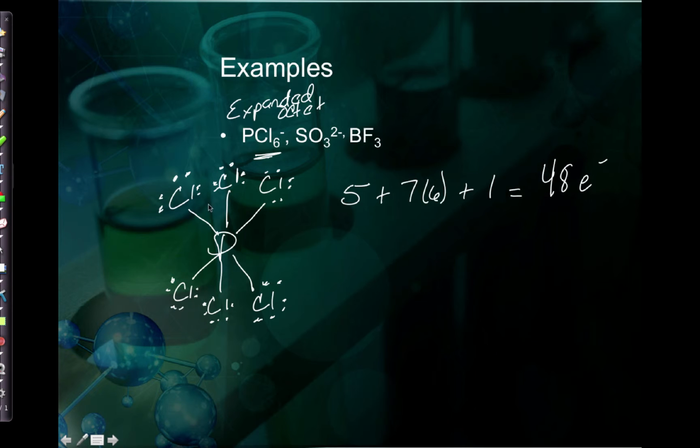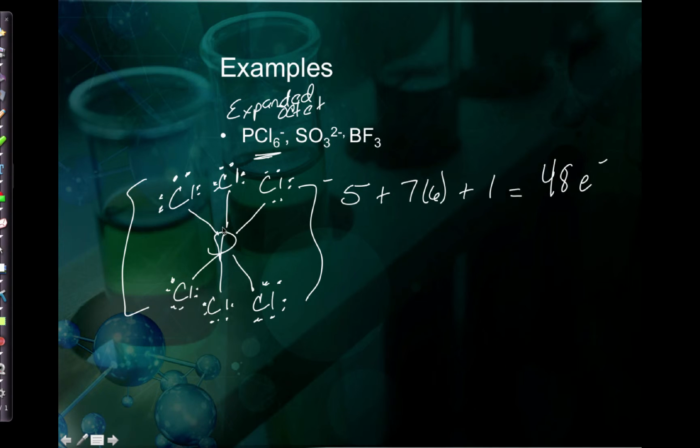Now I've got 2, 4, 6, 8 around each chlorine, and if I multiply that by 6, I get 48 electrons. So I've used up all my electrons. And brackets with my charge. All right, so this is my Lewis structure. And again, this is an expanded octet.